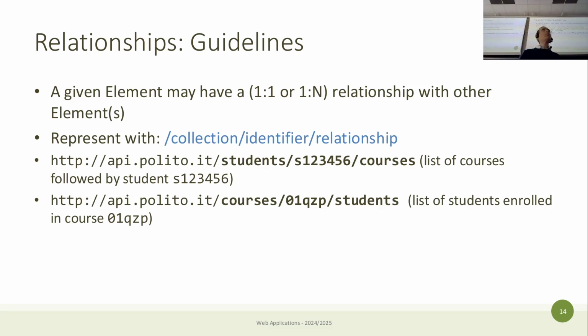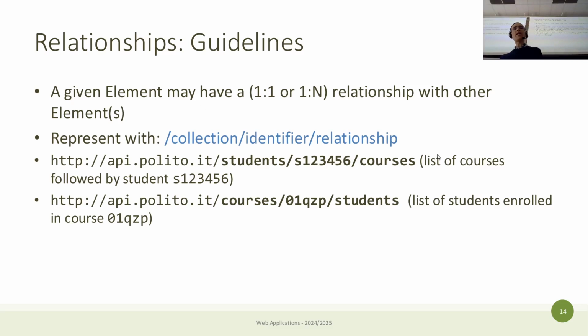How can we ask for the list of courses of a specific student? A collection is not enough, right? Because there's the idea of a specific student, and we want the information about the courses, which is another collection, for instance typically another table in the database.